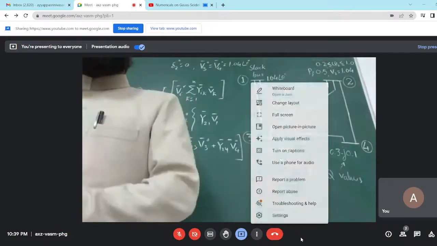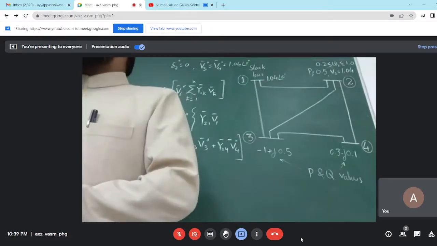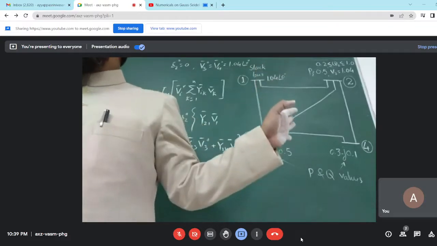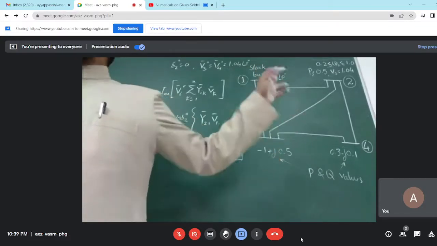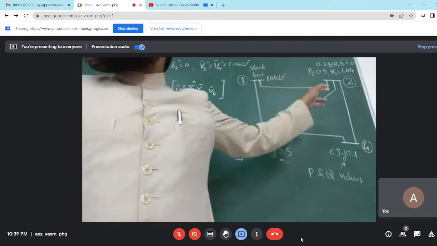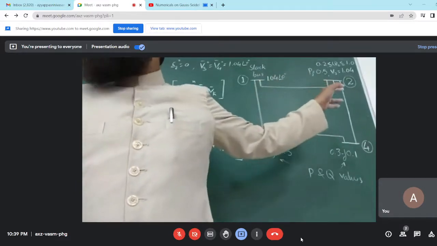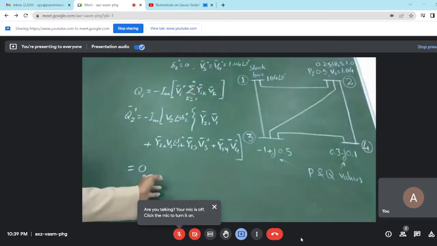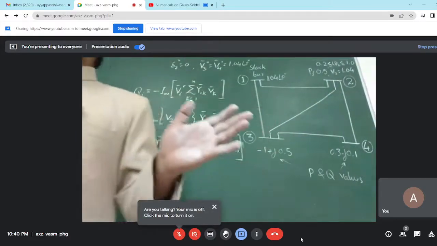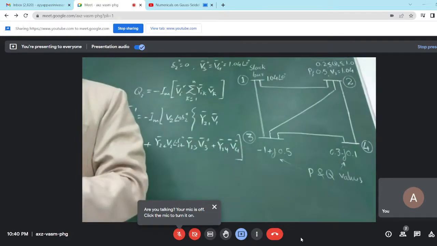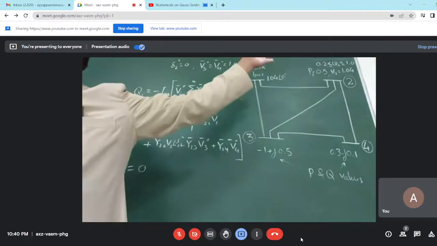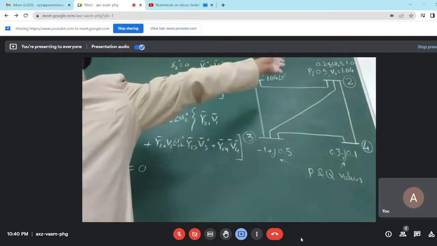The Q2 evaluated at bus number 2, which was the PV bus, is violating the limit. It is coming out either lesser than the minimum or more than the maximum, so limit violation will be there. It is lesser than the minimum, 0.2 per unit.